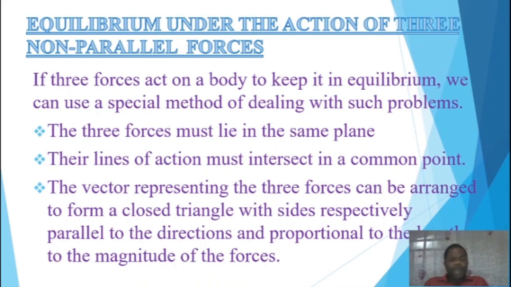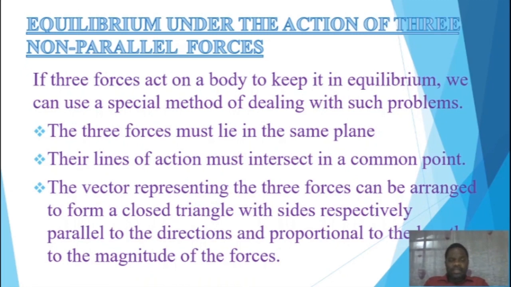So what we are saying here is that if the three forces are represented in magnitude and direction by the sides of a triangle, then the length of each side of the triangle will be proportional to the magnitude of the force.